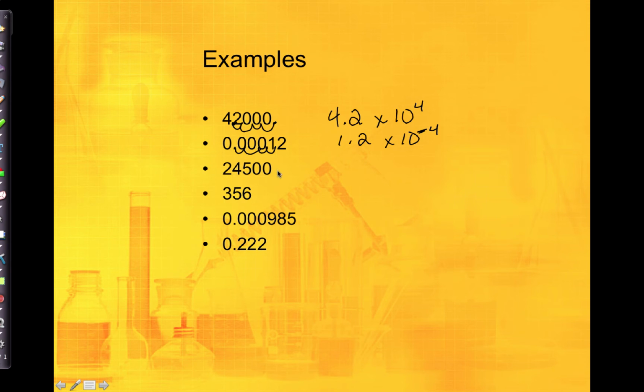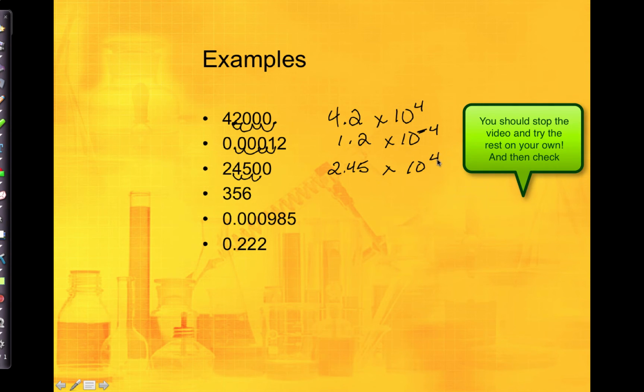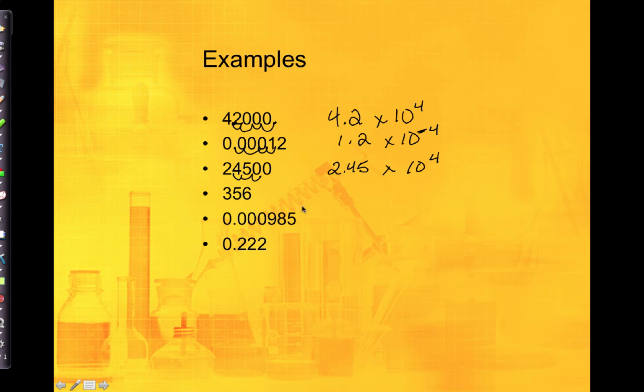Alright, so for this one, again, do the same thing, go to the end, move it until there's only one non-zero in front of it, so 1, 2, 3, 4. I moved it 4 times, it's 2.45 times 10, moved it 4 times again, and it's a positive exponent because it is larger than 1.